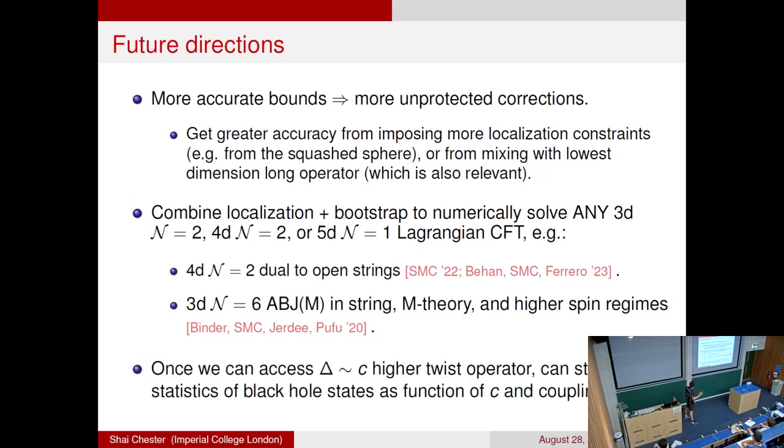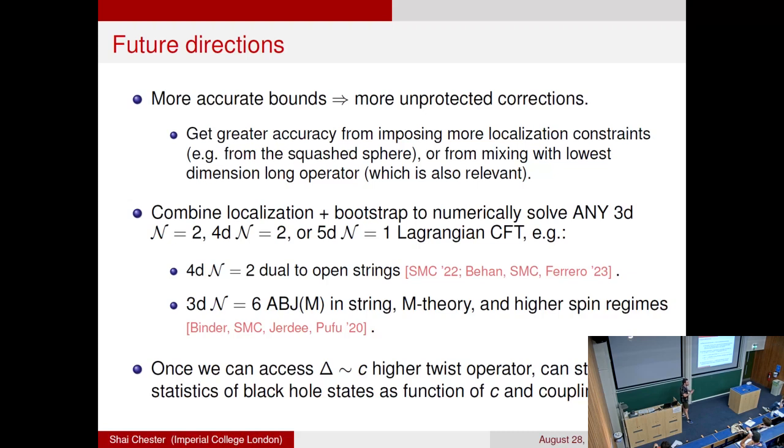The long-term goal is that if we can eventually access, so far I've only really been talking about the lowest operators. If we could access not just the lowest operators, but say the lowest 10 operators or something, one day as bootstrap technology improves, then we could eventually access operators whose scaling dimensions are scaling like C, i.e. like N squared for N=4. And if we could accurately get those operators, those are the kinds of operators that are dual to black hole states. And so then we could study black hole statistics as a function of C and coupling.